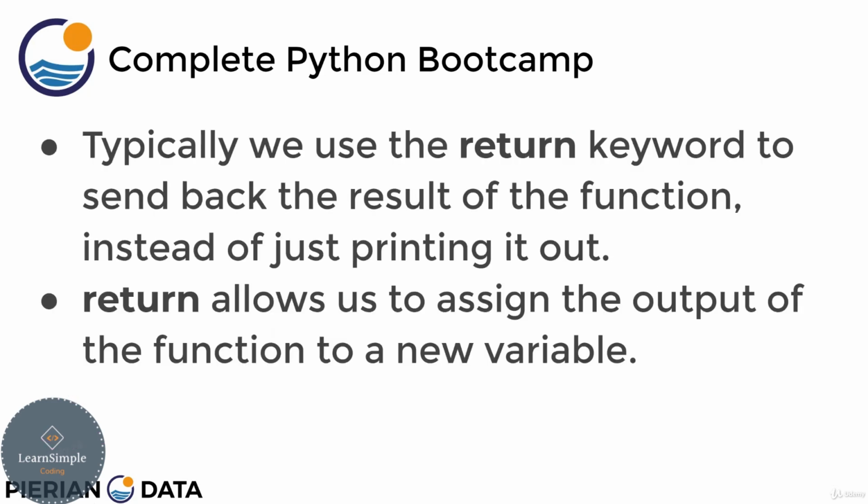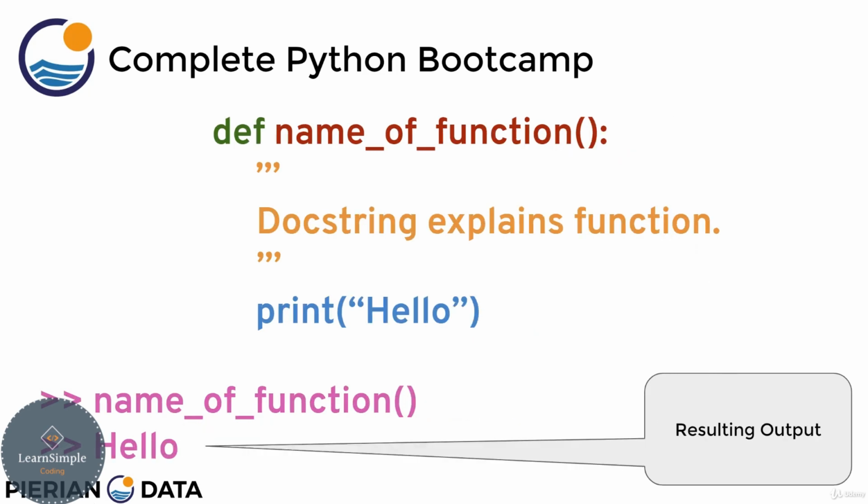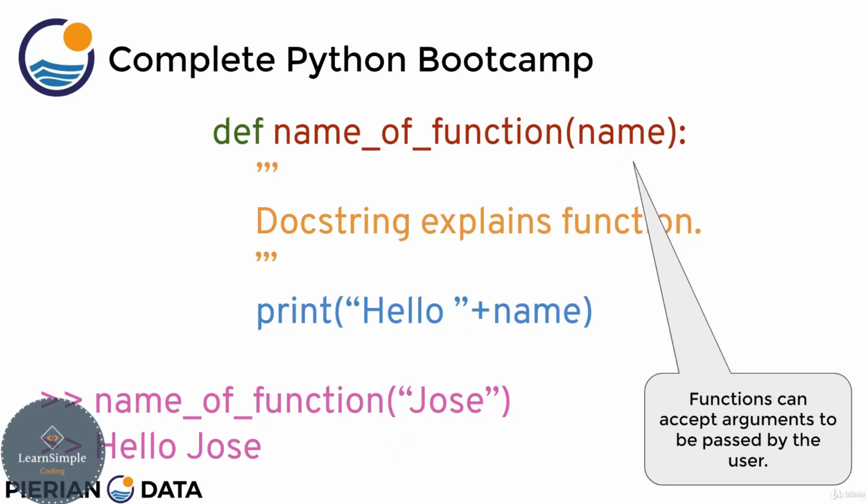Now typically, however, we're going to use the return keyword to send back the result of the function instead of just printing it out. So far, if we take a look at our examples here, we've just been using print inside of the function calls, like print hello or print hello plus name. In general, you're very rarely just going to have a print inside of a function, because you might as well just call print outside of the function.